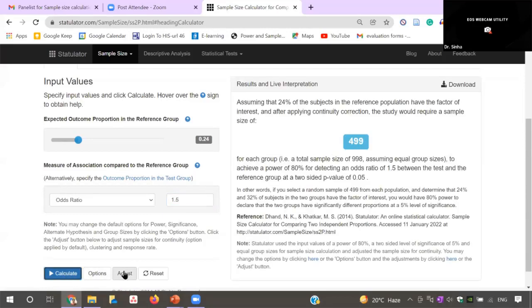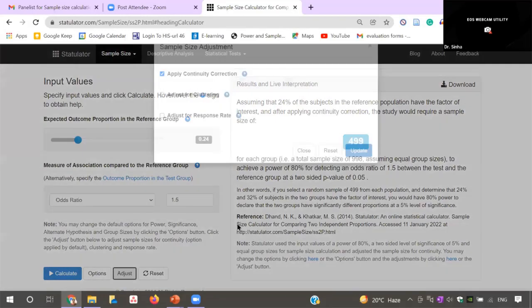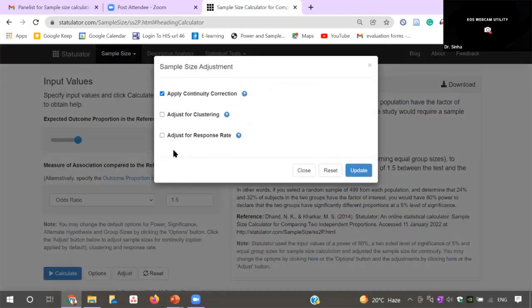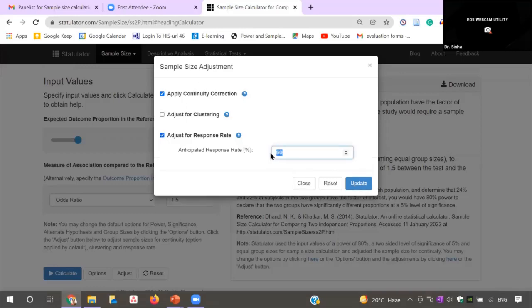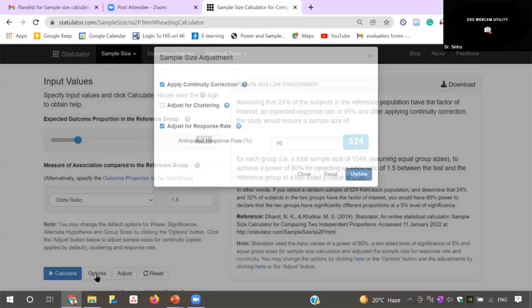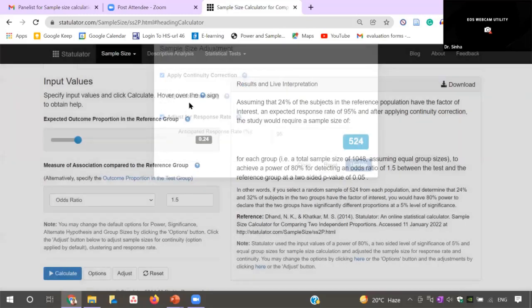Now I will adjust this because the response rate is 95%. I will adjust this continuity correction. I said that you should always keep it checked. So I will keep it as 95%, and I will press update. And in this option, you can see that 80% power is there.